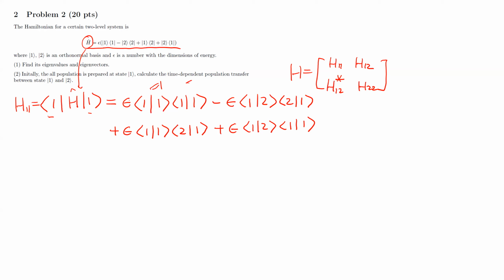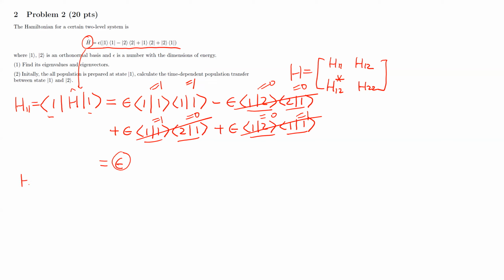This is 1, this is 1, good. So we have epsilon. But here this is orthogonal, so that's 0, and the second term disappears. Here, this is 1 but this is 0, so the third term disappears. And here, this is 1 but this is 0, so the fourth term disappears. So we only have 1 epsilon here.